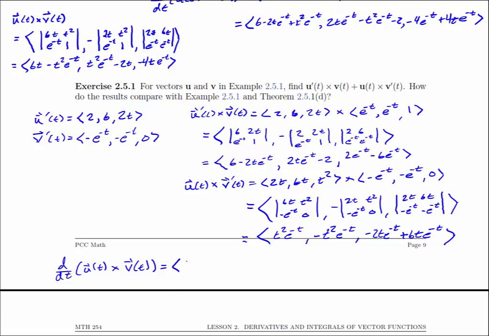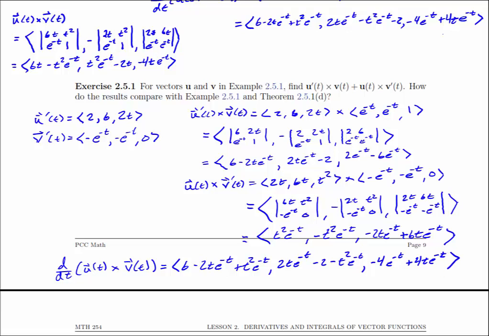So here I have 6 minus 2t e to the negative t plus t squared e to the negative t. And then in the middle, no like terms here, so 2t e to the negative t minus 2 minus t squared e to the negative t. And then here we have like terms, which makes a minus 4 e to the negative t, and like terms here gives us a plus 4t e to the negative t.